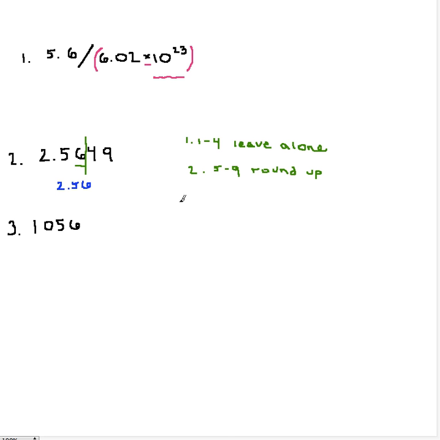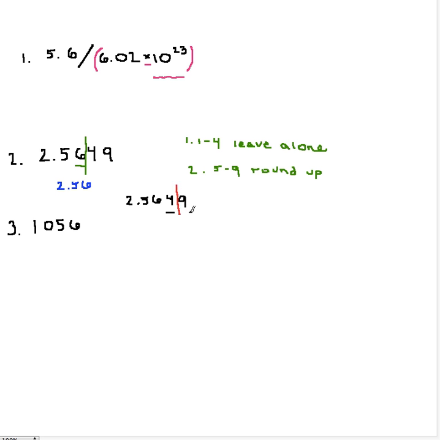Now, we're going to redo this problem now. And now I'm going to round to the thousandths place. Now, I'm going to rewrite this number for you. Remember, the thousandths place is this 4 right here. So what I'm going to do is I'm going to draw a line right after the 4.